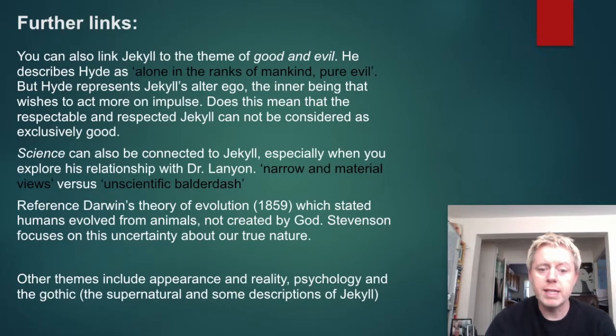Stevenson focuses on this uncertainty about our true nature. And that uncertainty in this character of Jekyll and who and what Hyde is lies behind a large portion of the intrigue that the reader has, and Utterson. Okay, other themes include appearance and reality, psychology, and the Gothic, the supernatural, and some descriptions of Jekyll.